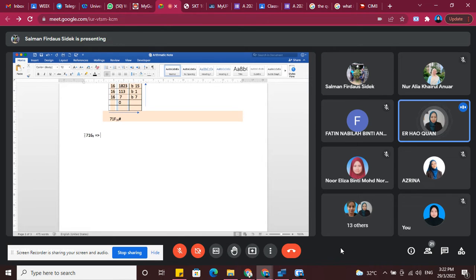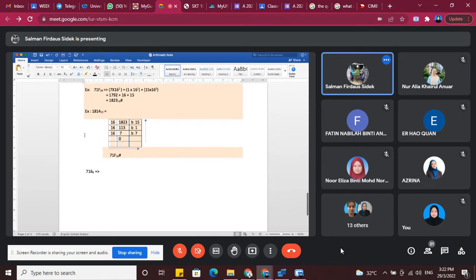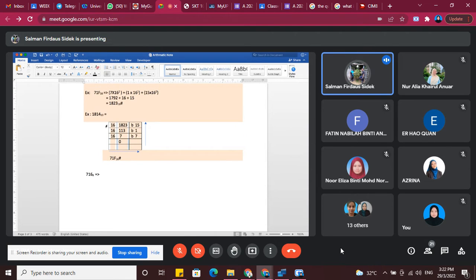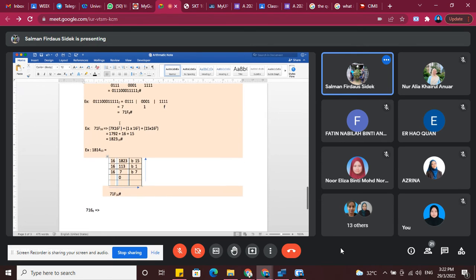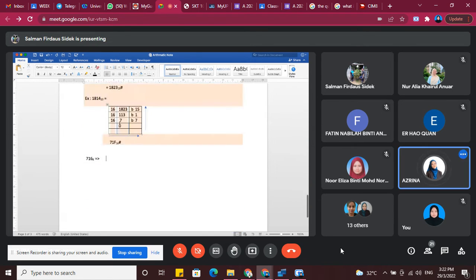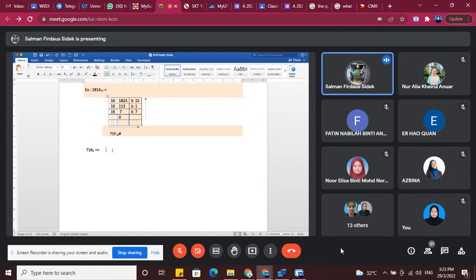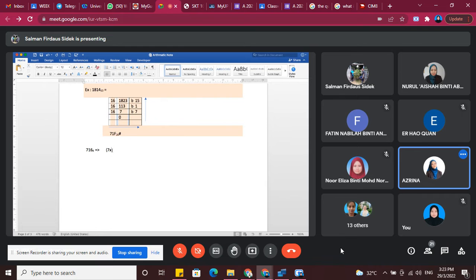Doctor, convert to decimal first. Convert to decimal first. Well, let's do it together. So to convert to decimal, we use what technique? Division or multiplication? Multiplication. Okay, so 7 times with 8, and power of 2.